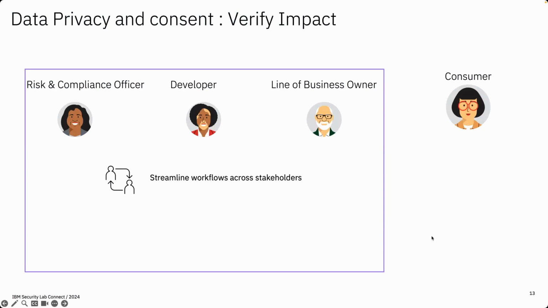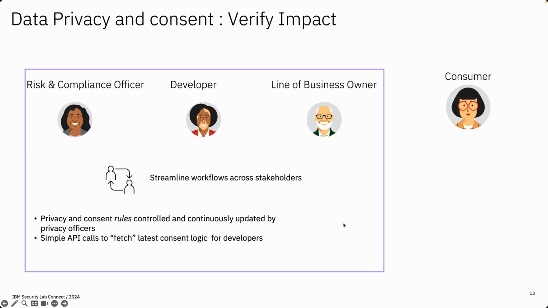So we have the same personas. Now this is a streamlined workflow across stakeholders. Why? Because privacy consent rules in Verify SaaS are controlled by the risk compliance officer, continuously updated by them using a simplified view. And then there are simple APIs which developers can use to fetch the latest consent logic, removing the silos of interaction between the compliance officer and developer.